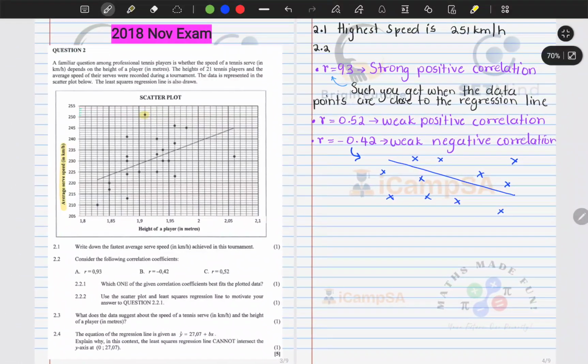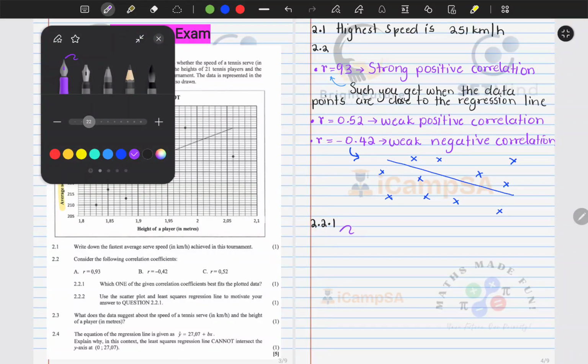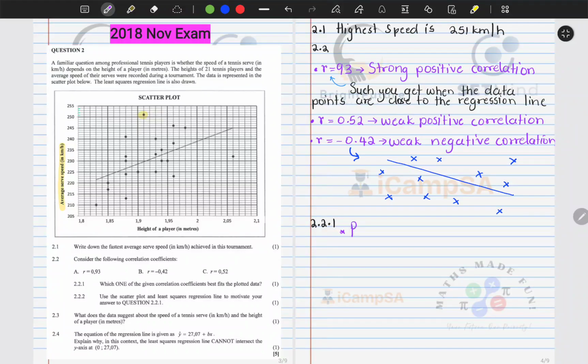Now if we look at the first question, 2.1.1: which one of the given correlations fits the data that is plotted? Looking at the data plotted, looking at the slope, we can definitely see we have a positive correlation.